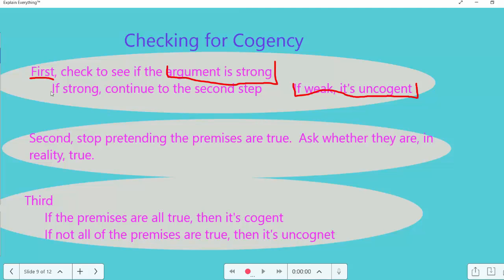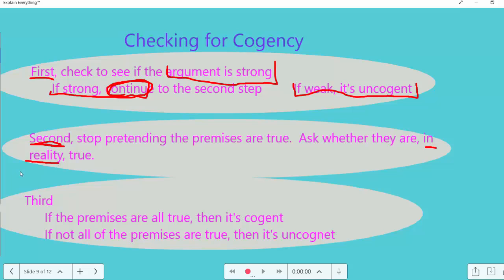But if it's strong, then we need to continue on and check some other aspects of the argument. Namely, we stop pretending that the premises are true, like we do when we're checking for strength. And now we ask ourselves whether in reality the premises are true.